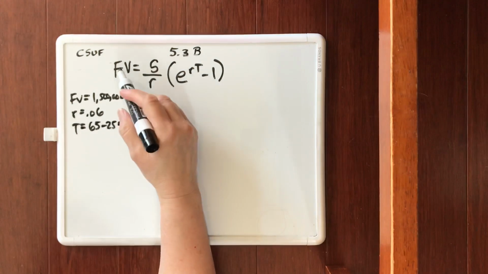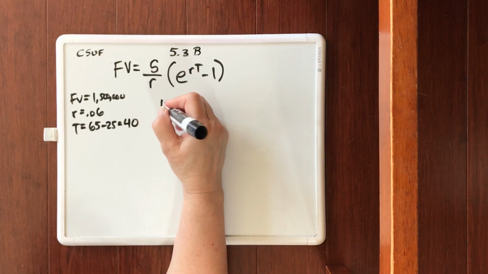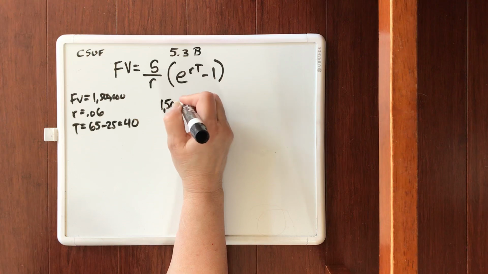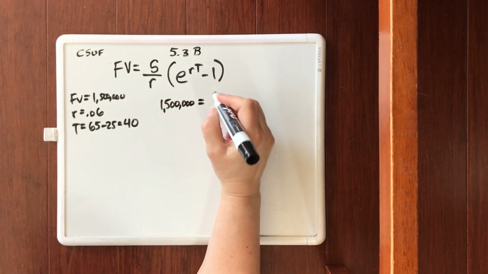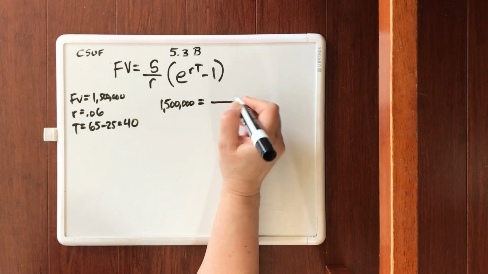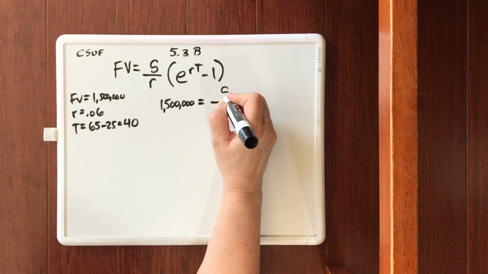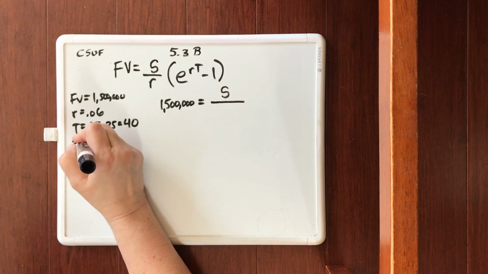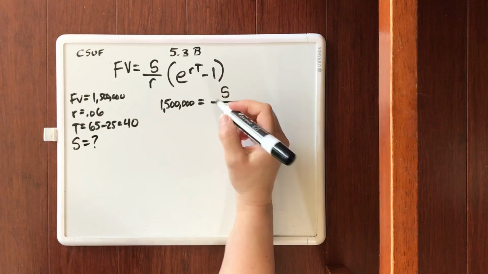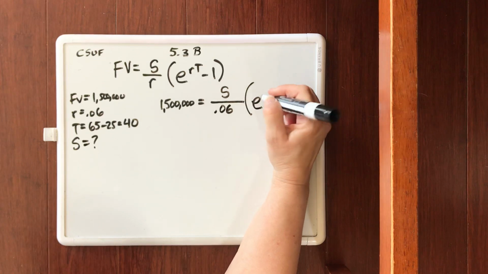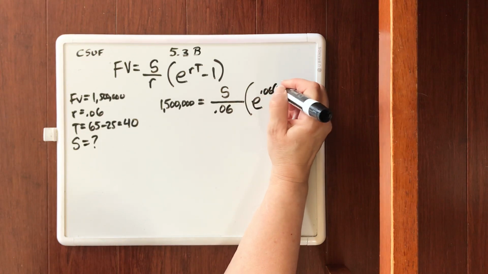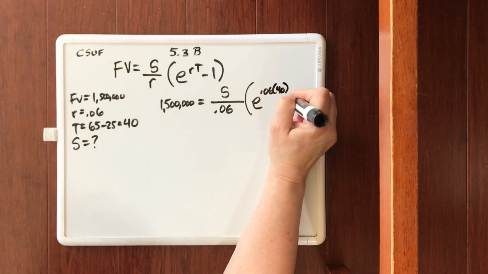Okay, so future value, 1,500,000 equals S. Do we know what S is? No, we don't. Okay, that's what we're looking for. Okay, S over 0.06 times e to the 0.06 times 40 years minus 1.